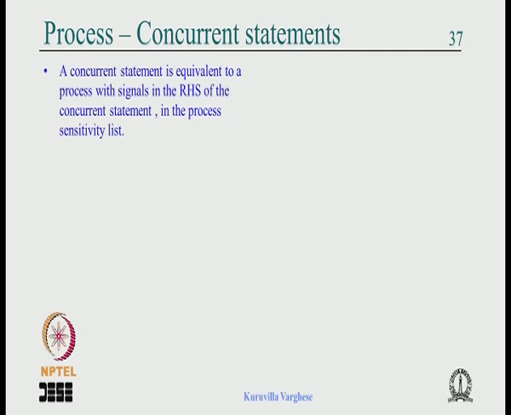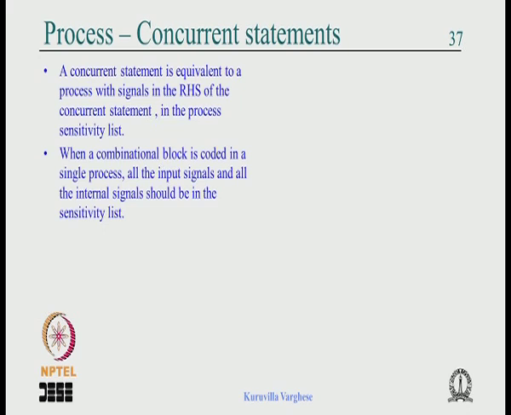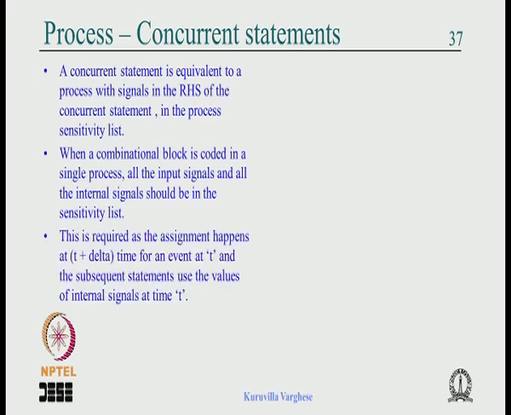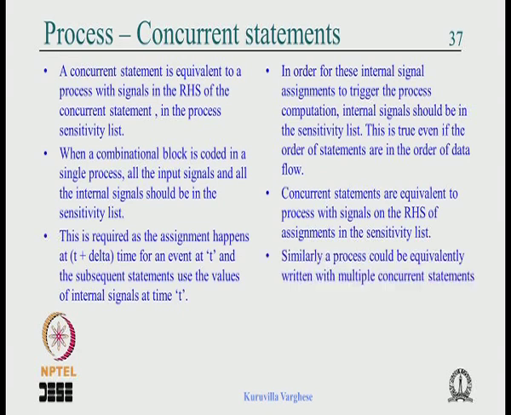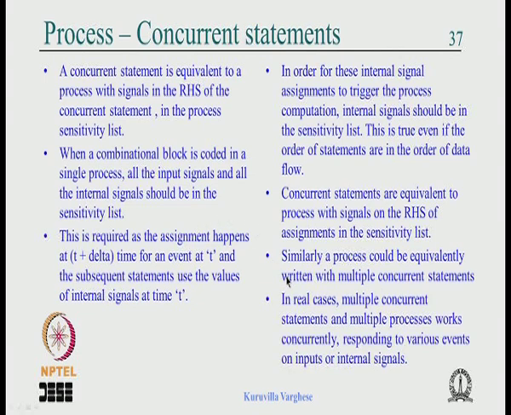So you take a concurrent statement, you can write equivalent processes, and if you have a process you can break it into equivalent concurrent statements, and you should remember this fact.